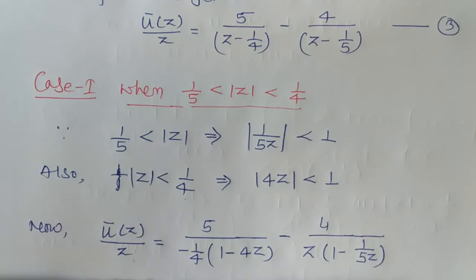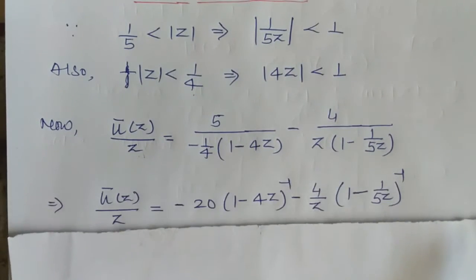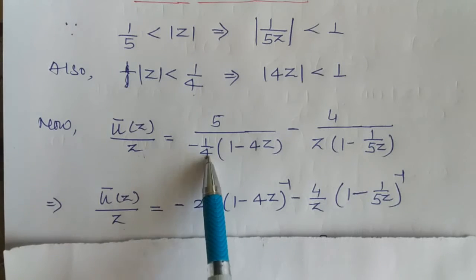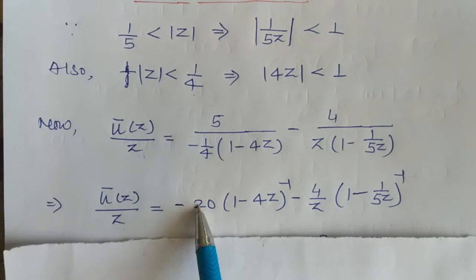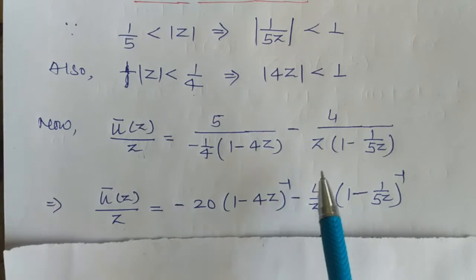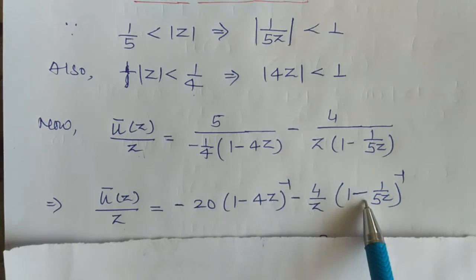So as per the required region of convergence we write this expression. Now these brackets go in the numerator and become inverse, then we get u bar z upon z is equal to minus 20 into 1 minus 4z whole inverse, minus 4 by z into 1 minus 1 upon 5z whole inverse.